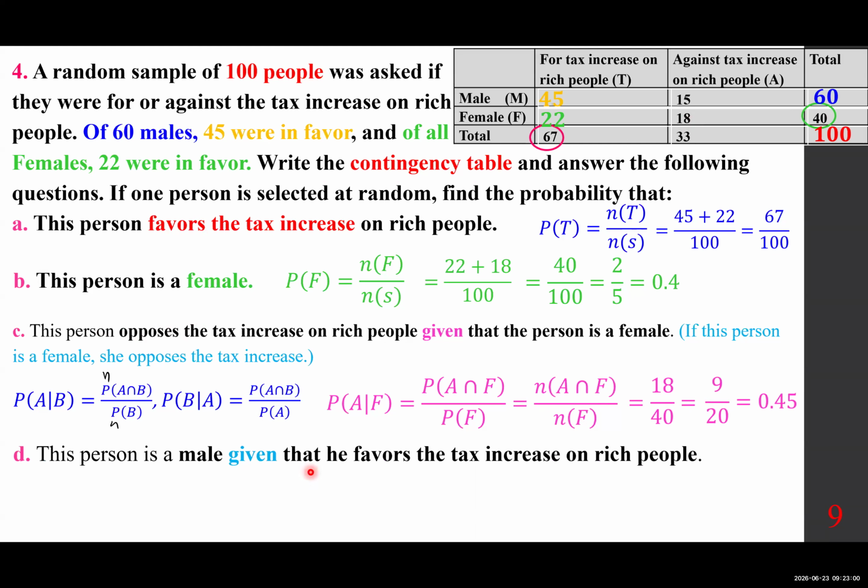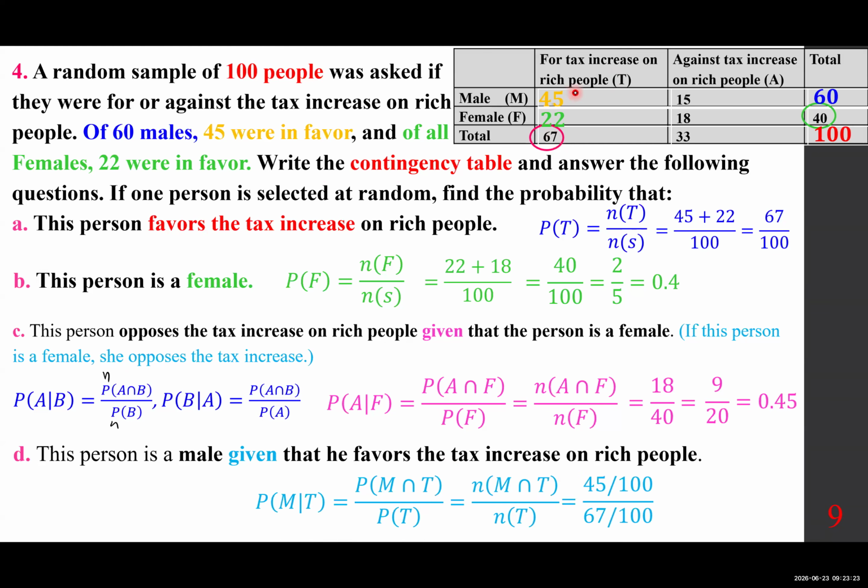This person is a male given that he favors tax increase. So probability of M given T, which is P of M intersection T over P of T, or N of M intersection T over N of T. N of T, how many are for tax increase? 67. And out of those 67, how many males? 45.